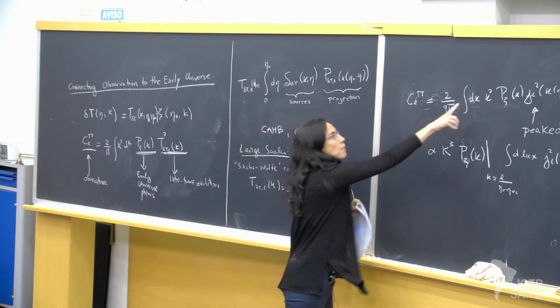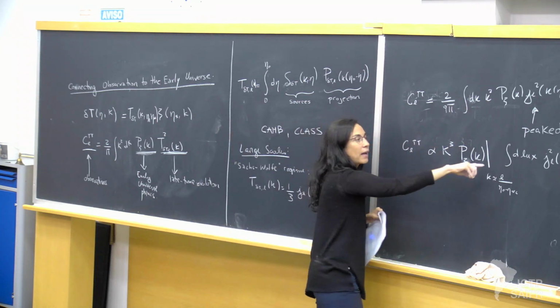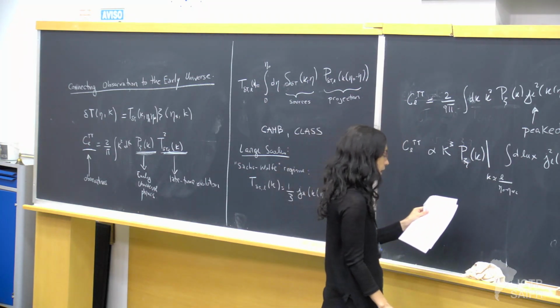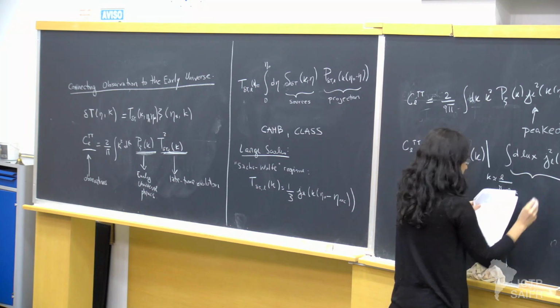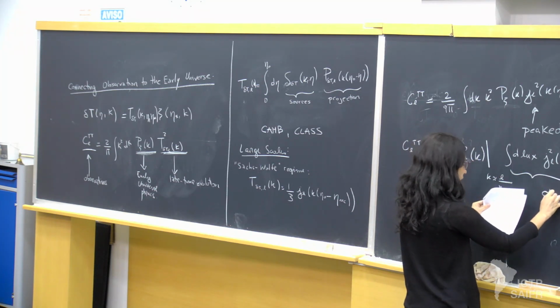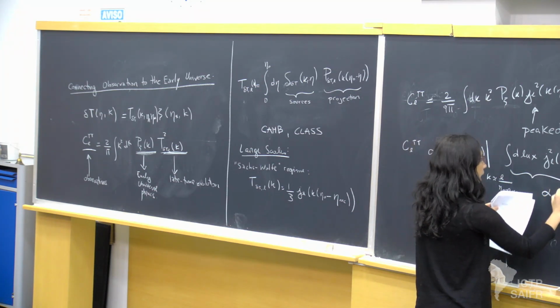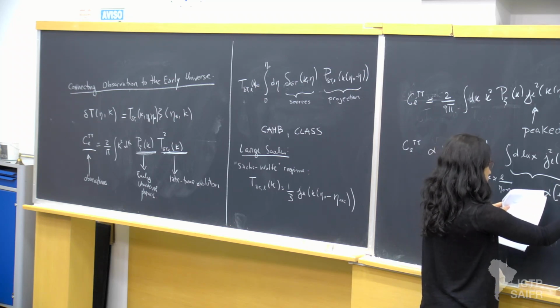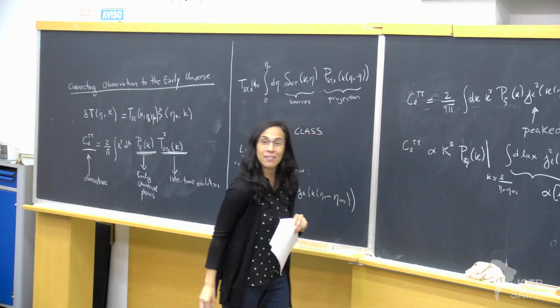Yes, I just multiply and divide by k, so we have d log x, making a change of variables. And this integral over here is proportional to L times (L plus 1) to the minus 1. Yes?